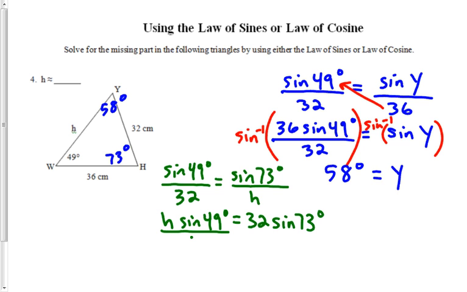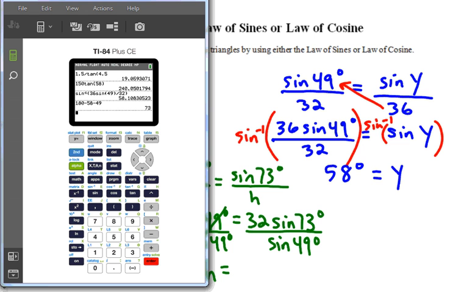Then divide both sides by the sine of 49 degrees. Those cancel out, leaving me with side H. I can plug this into my calculator. 32 sine 73 divided by the sine of 49.